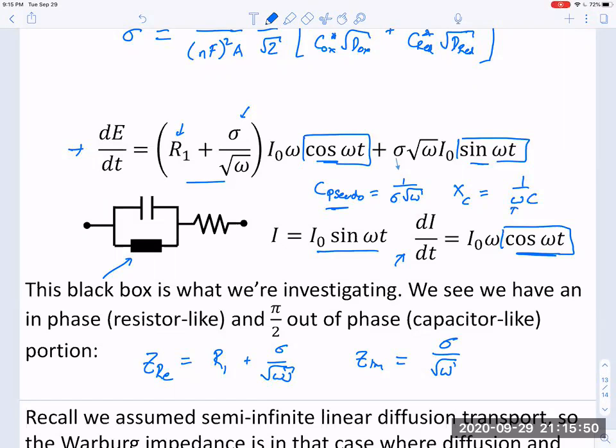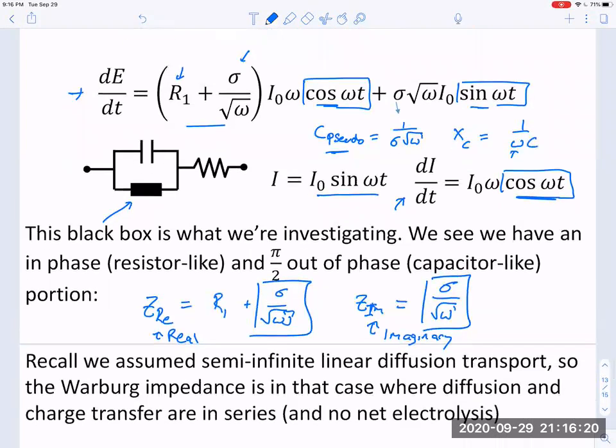So that's why it goes from square root of omega in the numerator to square root of omega in the denominator. Because for these imaginary terms, we have this omega term that always is there when converting to the imaginary impedance. So real, imaginary. And we see that these terms are identical, but the real portion has this additional resistance R1.